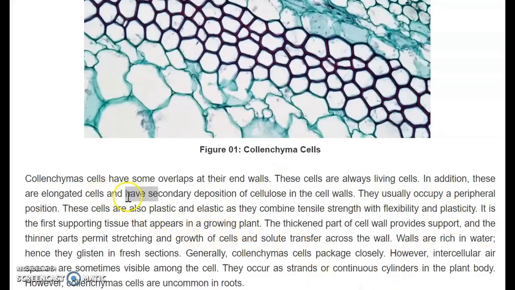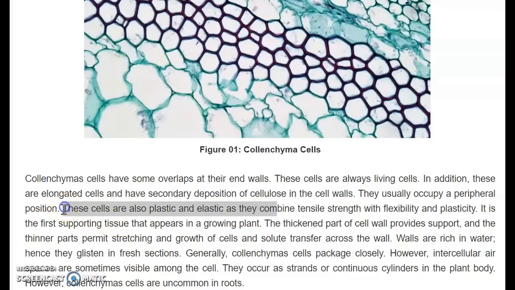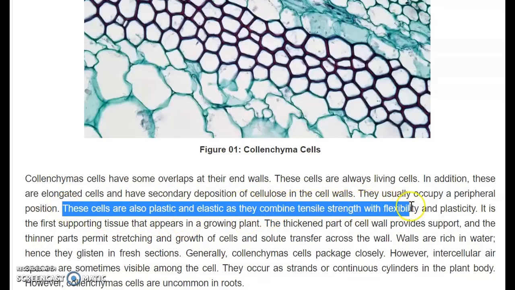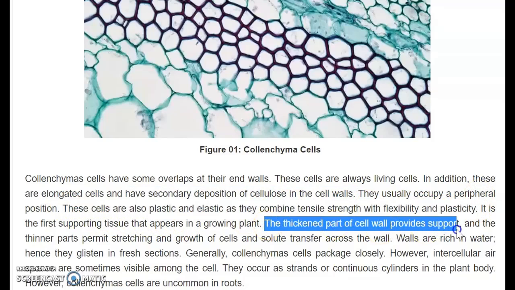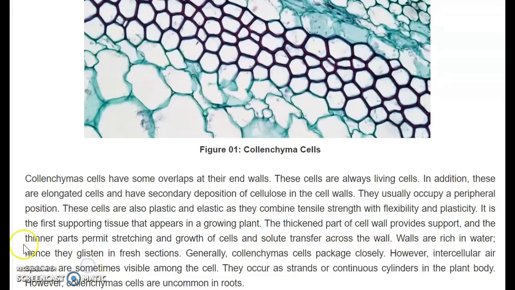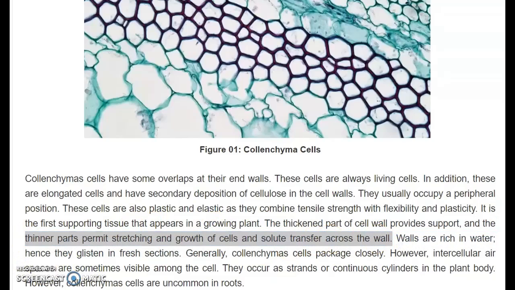They often have elongated cells, and there are secondary deposits of cellulose in the cell walls. These usually occur in the peripheral regions, such as the corners and so on. So these cells are plastic and elastic, and they combine to give the plant this tensile strength and flexibility needed for blowing in the wind, for example. Okay, so it allows the plant to stretch and grow and transfer solutes to the walls and so on.